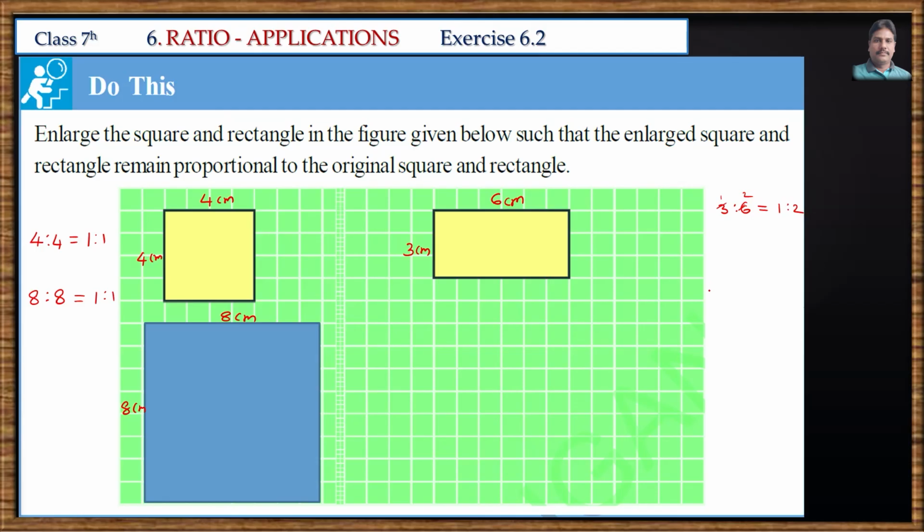Ratio is 1:2. I want to double this rectangle. So, I will take 3 twos are 6, 6 twos are 12, 6:12. I will draw the 6:12 rectangle.